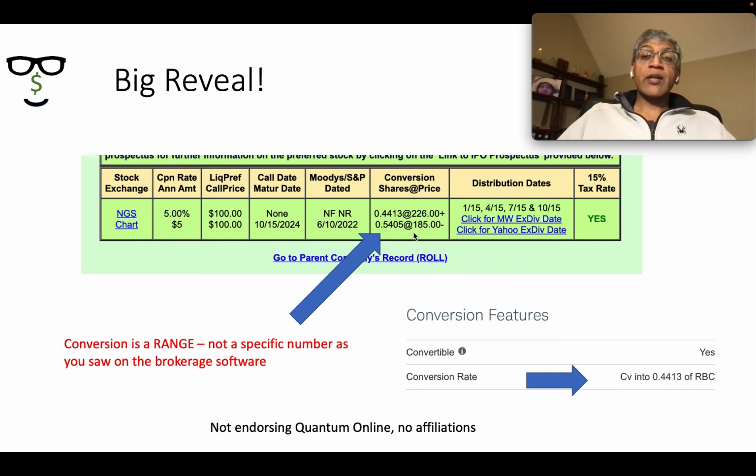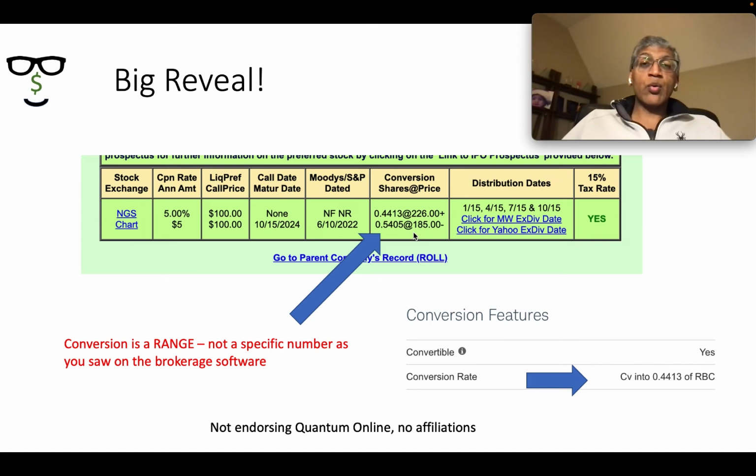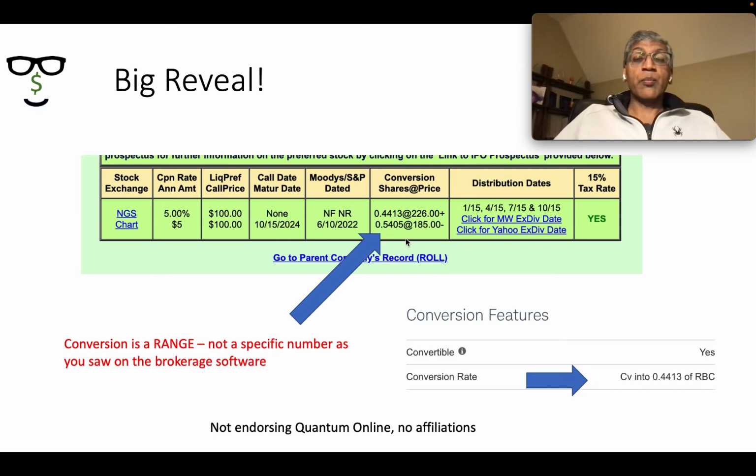If, on the other hand, the stock is trading much, much lower, meaning 185 or lower, in order to give you the incentive to own the preferred stock and say, hey, your downside risk is capped within reason, the company is saying if you were to own the preferred and the underlying equity were to crash below 185, we will actually increase your preference, will actually give you 0.54 of the underlying equity instead of 0.44 of the underlying equity. And this is a very, very important concept in preferred stock, which is the range in which the preferred has higher or lower preference.